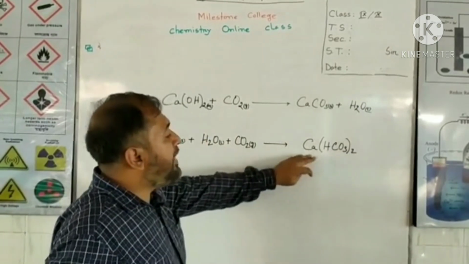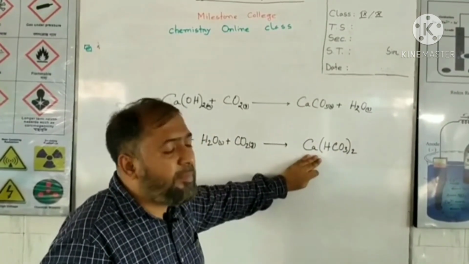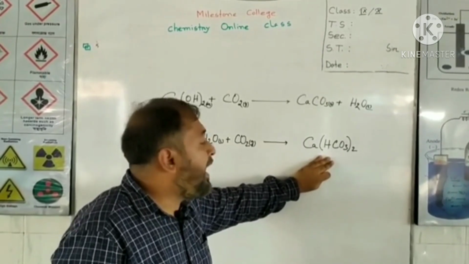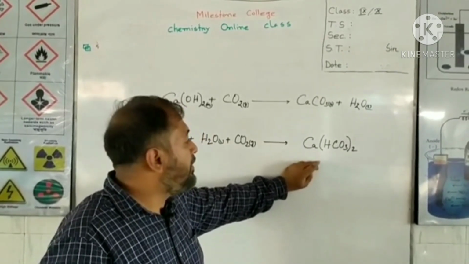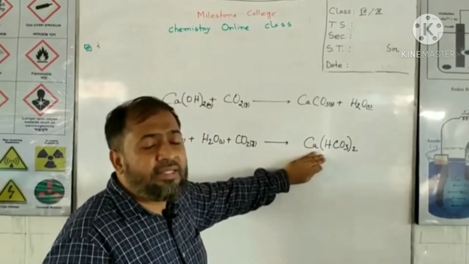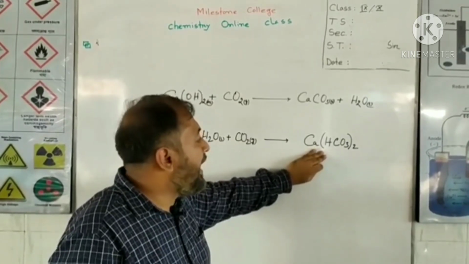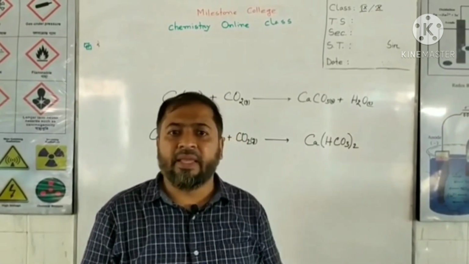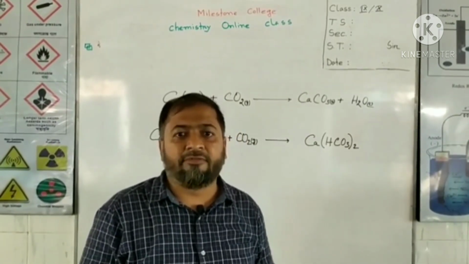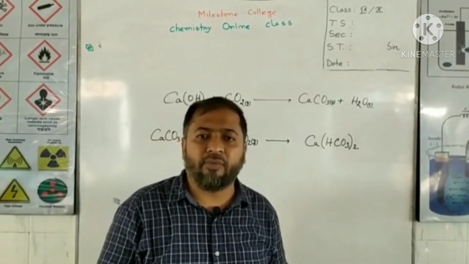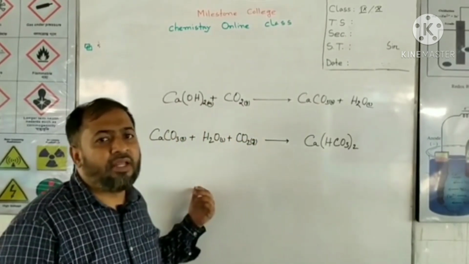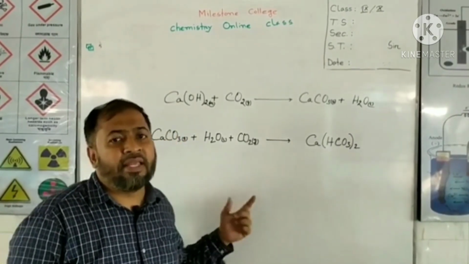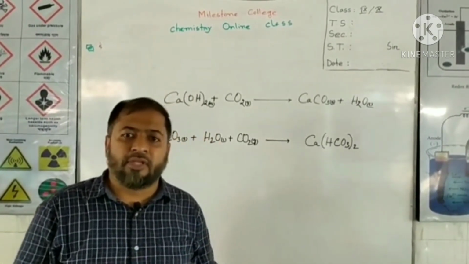Calcium hydrogen carbonate or calcium bicarbonate is soluble in water. Therefore, after preparing this substance, it instantly dissolves in water and the water becomes transparent. That's what happened in these two cases. The first time, after adding carbon dioxide gas to lime water, it turned turbid, and after adding extra carbon dioxide gas, it returned to the transparent form.